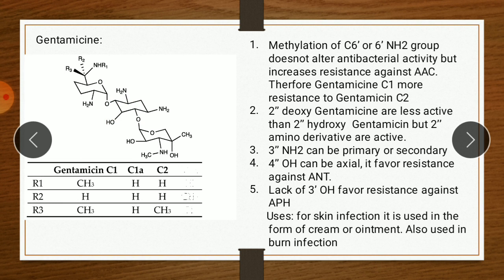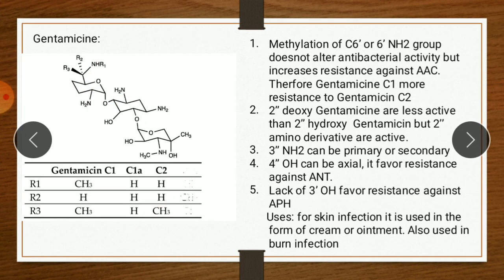So lack of 3 dash hydroxyl group: here there is no hydroxyl group, as in the case of kanamycin, where there is a hydroxyl group. But here there is no hydroxyl group on the 3 dash position, therefore it shows resistance against the APH enzyme. So it is the main SAR point of gentamicin.